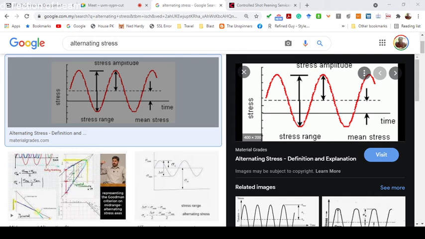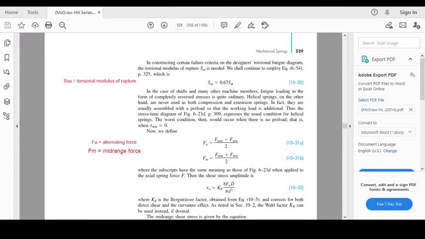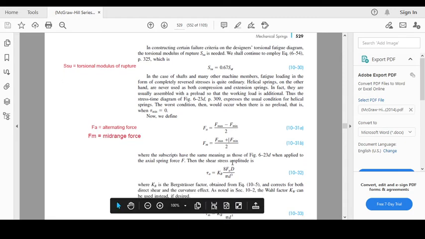This graph shows the stress maximum, stress minimum, and the middle line is the mid-range force, the mid-range stress. It's the same concept as FA and FM.